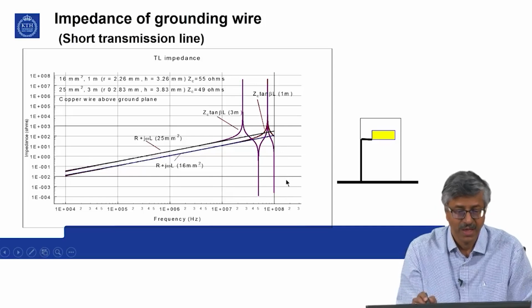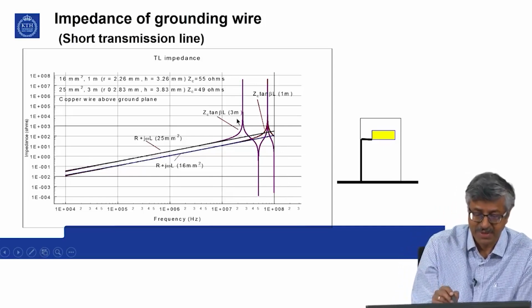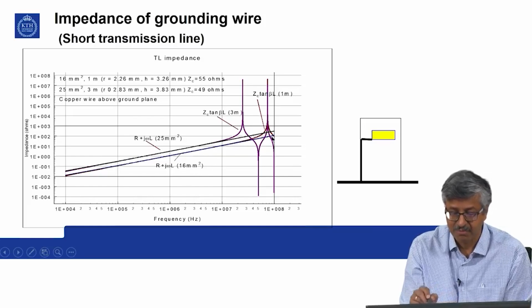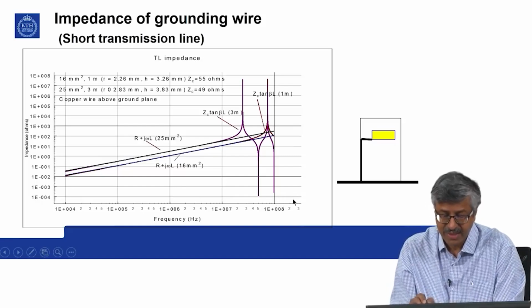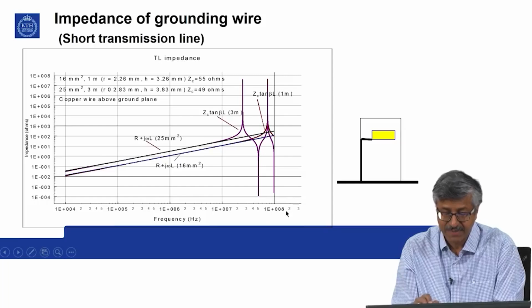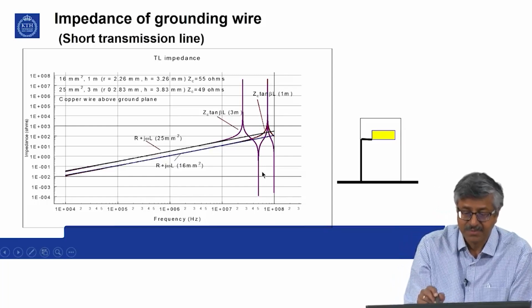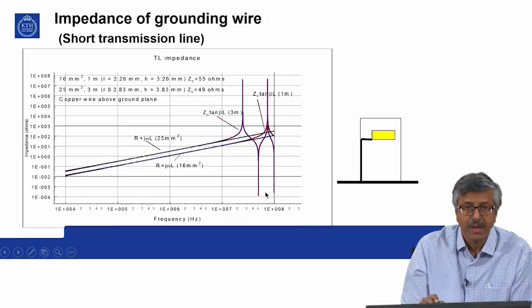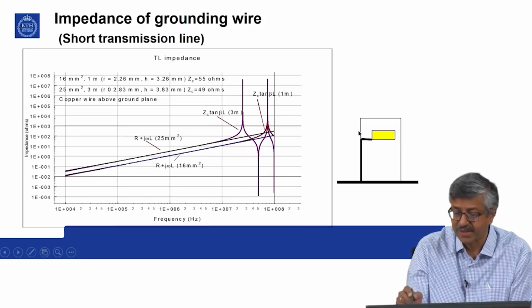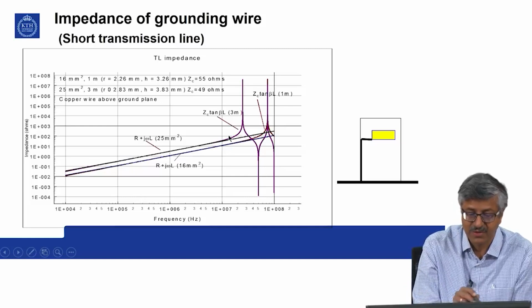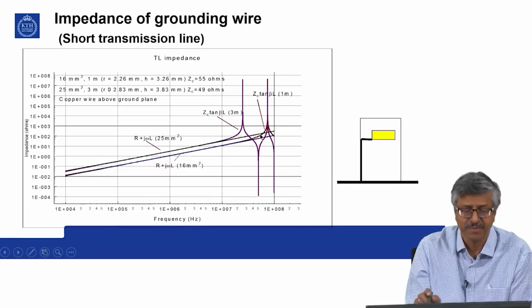Likewise it goes, whereas this resonance behavior happens in the 60 millimeter square wire much later, only towards 600 or 700 megahertz. So, in this case you will surely use the 60 millimeter square 1 meter wire for earthing, so that you have a much larger range of frequency for operation. So, this ends this particular module.